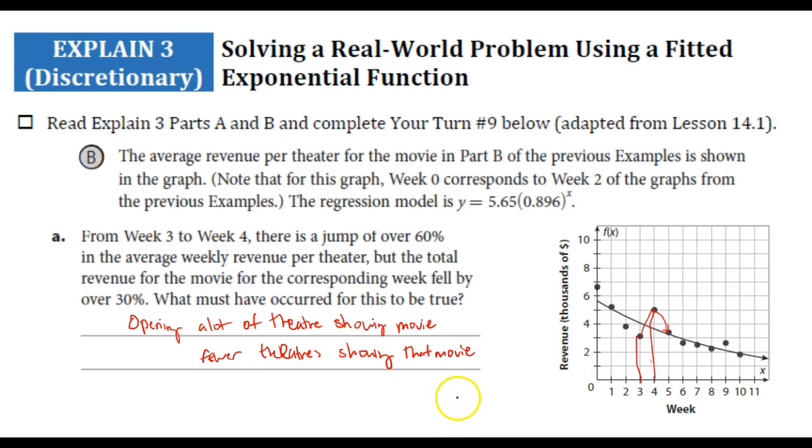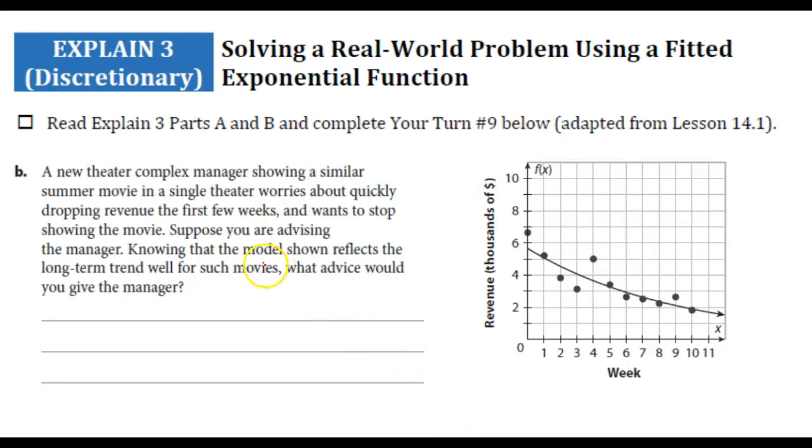For part B, it says, let's say there's a new theater complex manager showing a similar summer movie in single theaters, and he worries about quickly dropping revenue the first few weeks and wants to stop showing the movie. Okay, and that happens a lot when we were watching movies. People just don't want to watch them after a while. Suppose you were advising the manager.